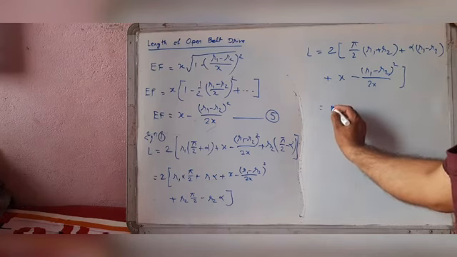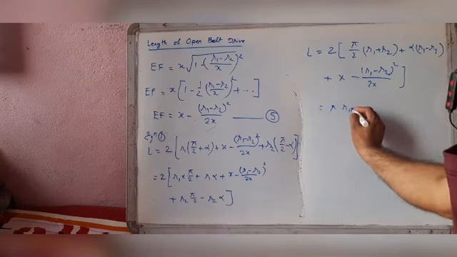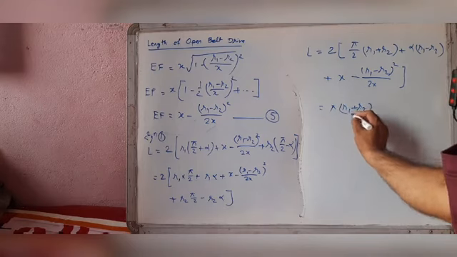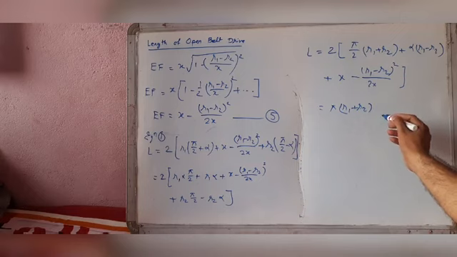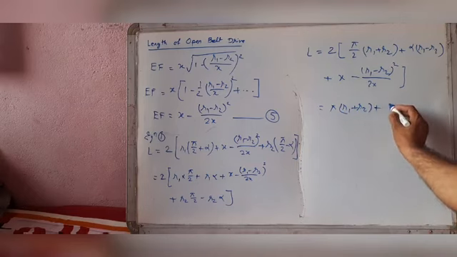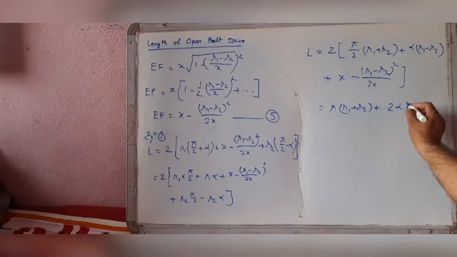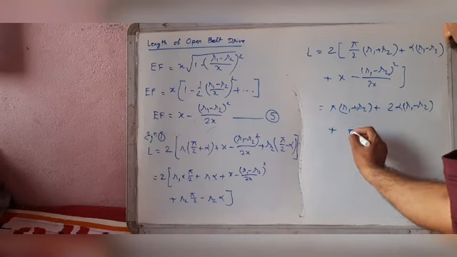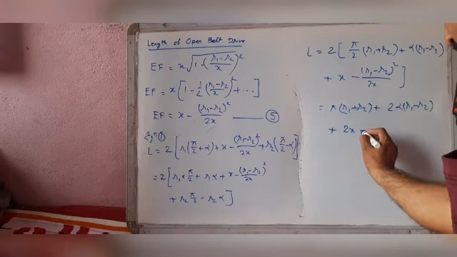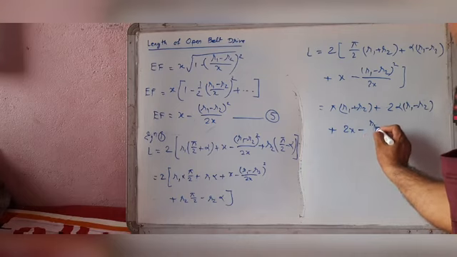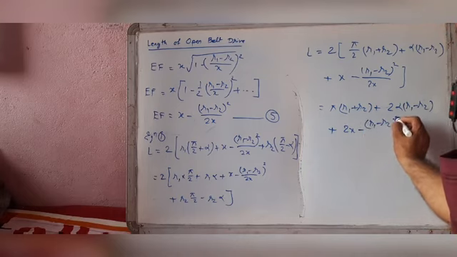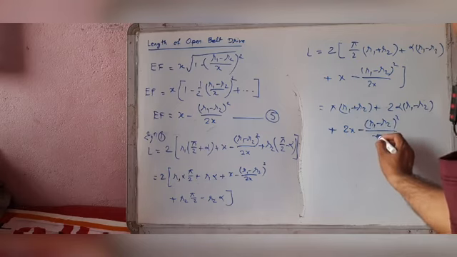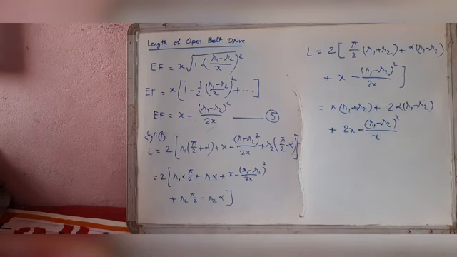That equals pi (R1 plus R2), these two have cancelled, plus 2 alpha (R1 minus R2) plus 2X minus (R1 minus R2) squared by X.